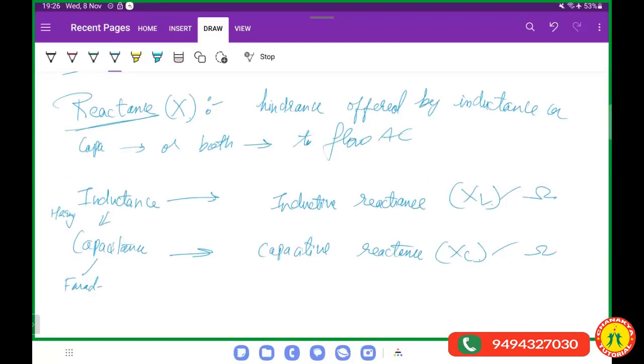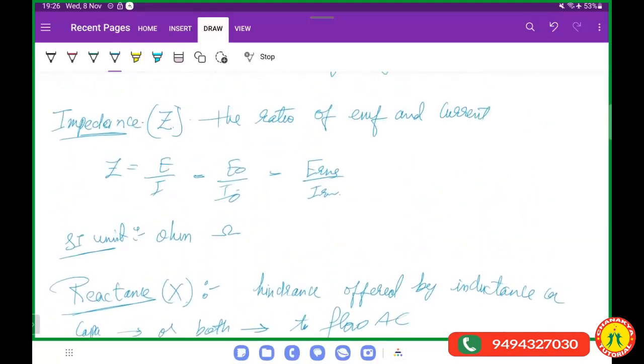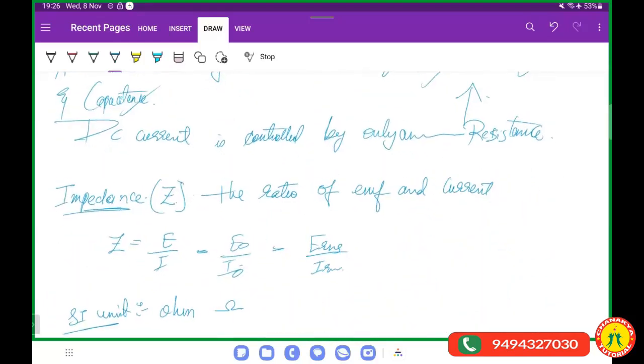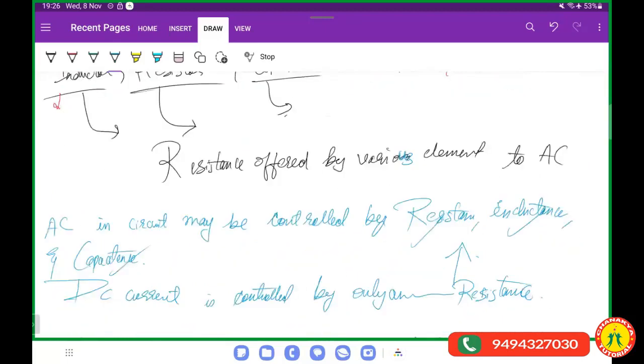Sir, could you once scroll up to inductance, or impedance? Yes, impedance. Yes, sir.